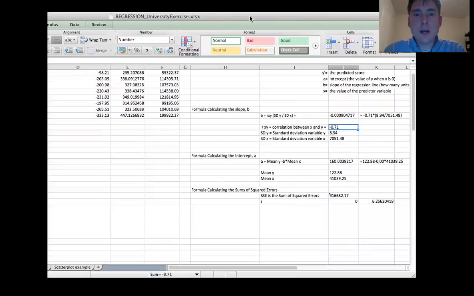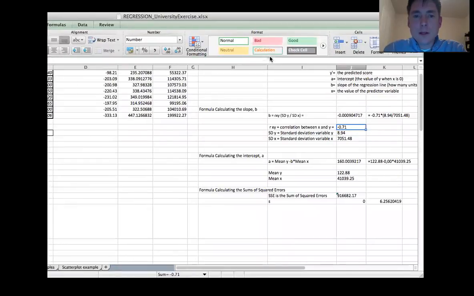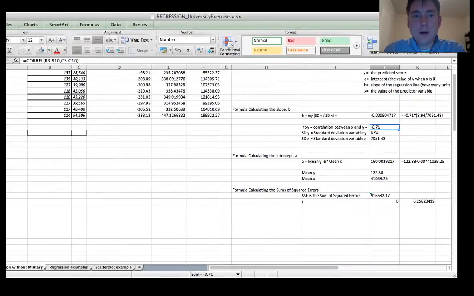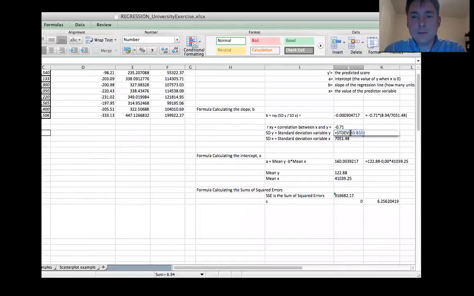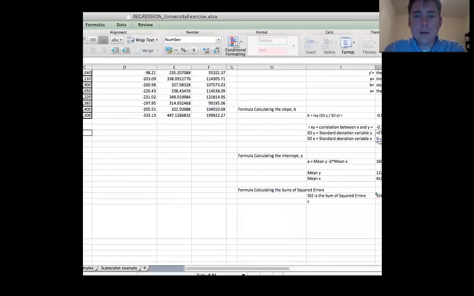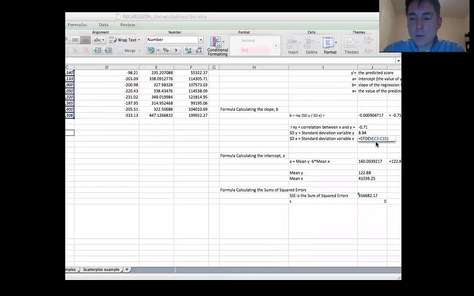I think that's all right. The second part is to figure out what is the standard deviation, right? I think that one is correct as well. Third part is to figure out what's the standard deviation of our x variable. I believe that one is all right as well. Okay.